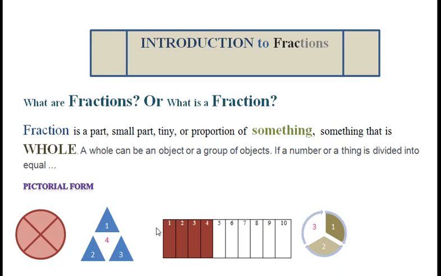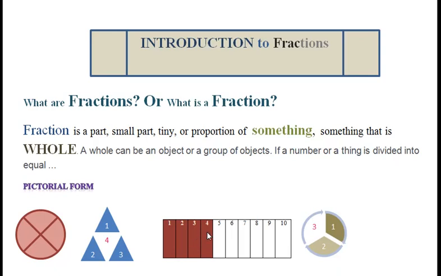Next we have a rectangle which is divided into 10 equal parts. But out of these 10 portions, only 4 equal parts have been shaded. So we will say 4 out of 10 has been shaded.